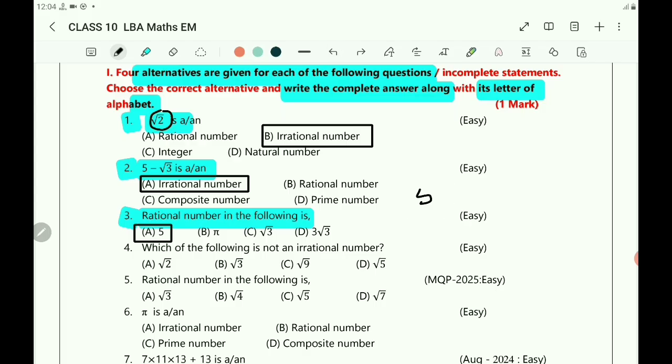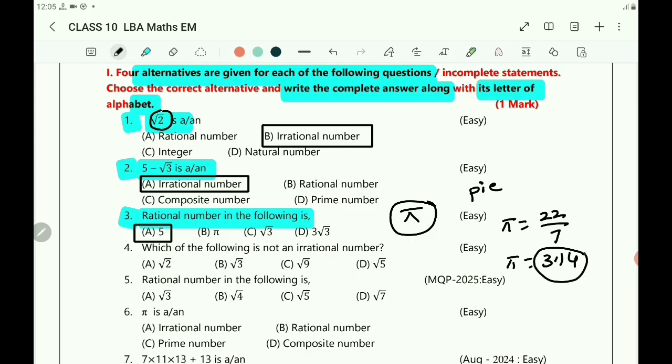If you observe option B, it is pi. It is the symbol of pi. You know that it is irrational. We use the value of pi equal to 22 by 7. This 22 by 7 is rational, but this is not the exact value of pi. Also, you use pi equal to 3.14.